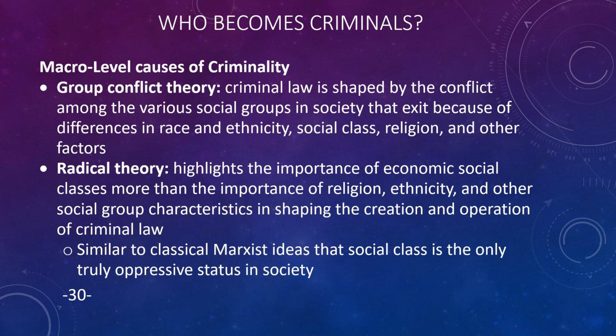What it's making the argument over is that it's not as much race, ethnicity, religion, etc. It really is all about economic status and economic oppression. Those other things are kind of on the side. And this is very similar to classical Marxist ideas, not even necessarily modern Marxist concepts.